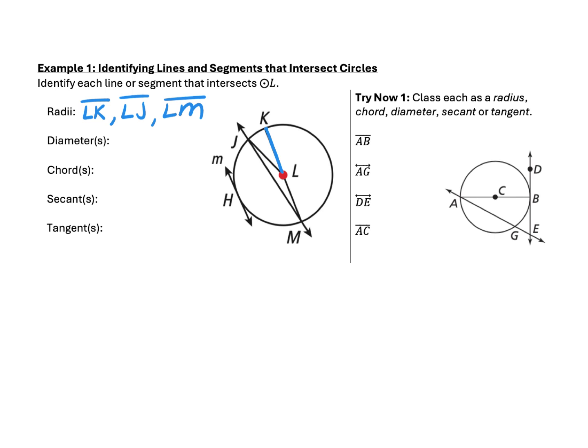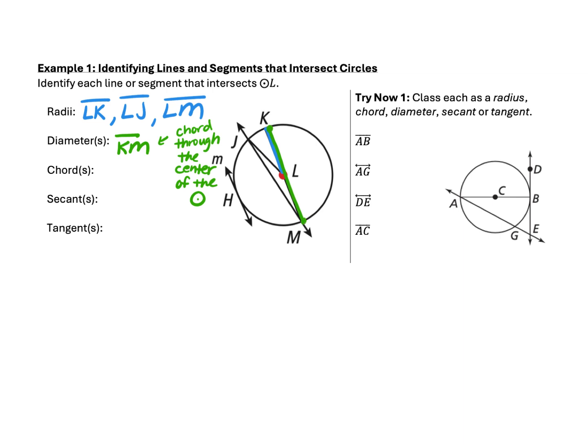Diameter has to be a chord that goes through the center of the circle. So KM here is a segment, KM is a diameter. And if you want to make note of that, a diameter goes through the center of a circle, that would be good. Now, a diameter is a special type of chord because a diameter has 2 endpoints on the circle and it's a segment.